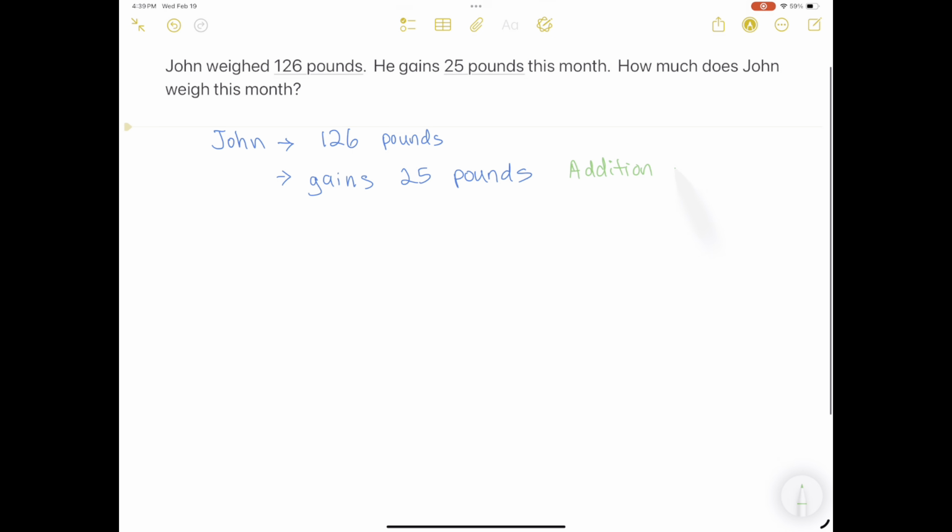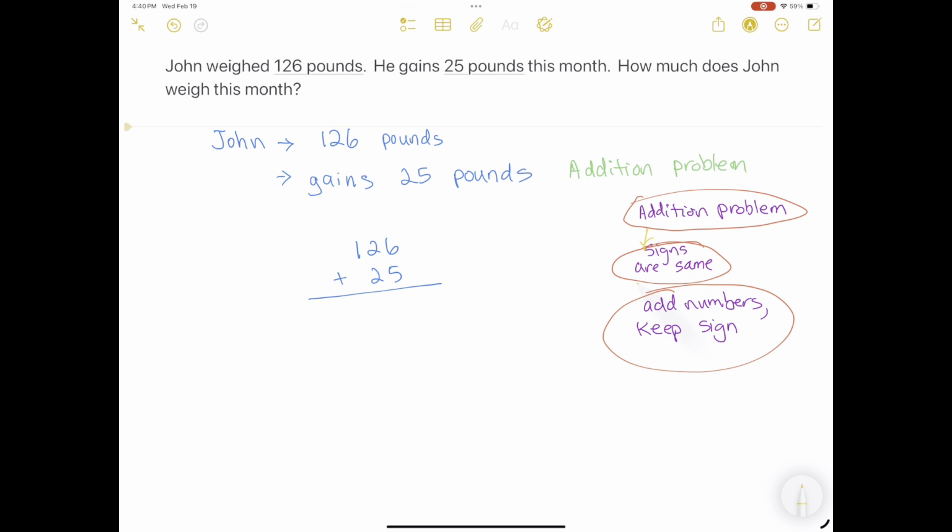So this is an addition problem, 126 plus 25. Since both numbers are positive, I will simply add them and keep the positive sign. 126 plus 25 equals 151. We write out our answer. John weighs 151 pounds this month, and we box our answer.